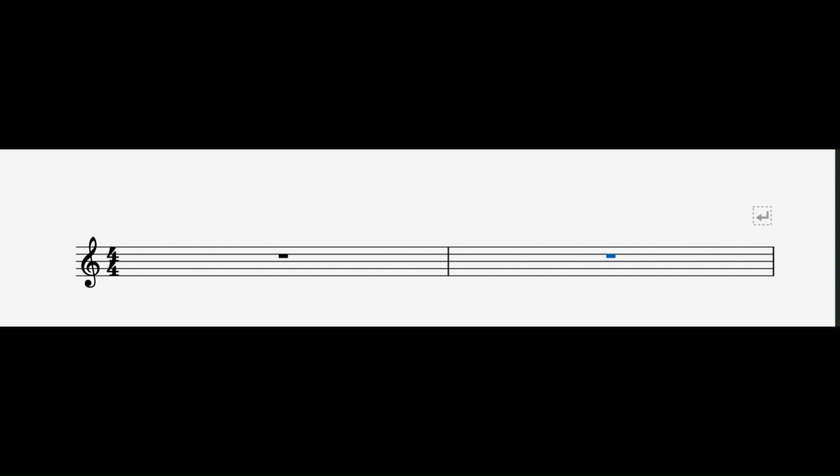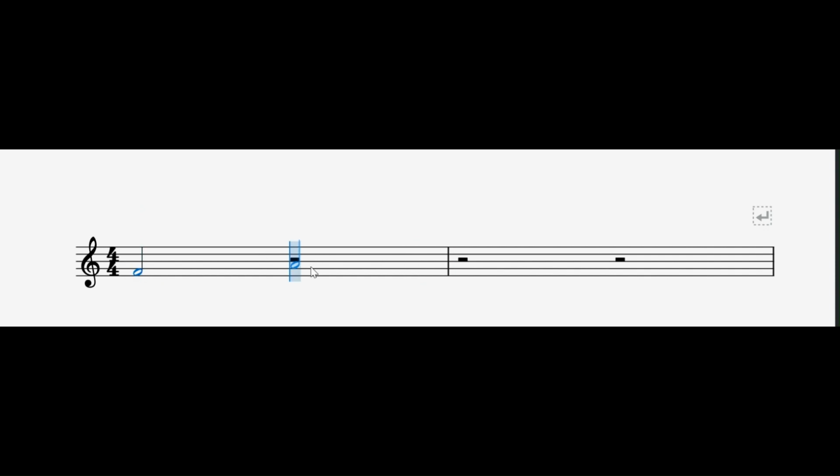I'm going to place a note in every space. We learned that there were 4 spaces. The time is 4/4, meaning there's going to be 4 quarter notes in a bar. I'm going to use half notes. So if I use half notes, that means each bar will take two half notes. Just a little recap. So I'm going to put a note in every space. First space, always count from the bottom.